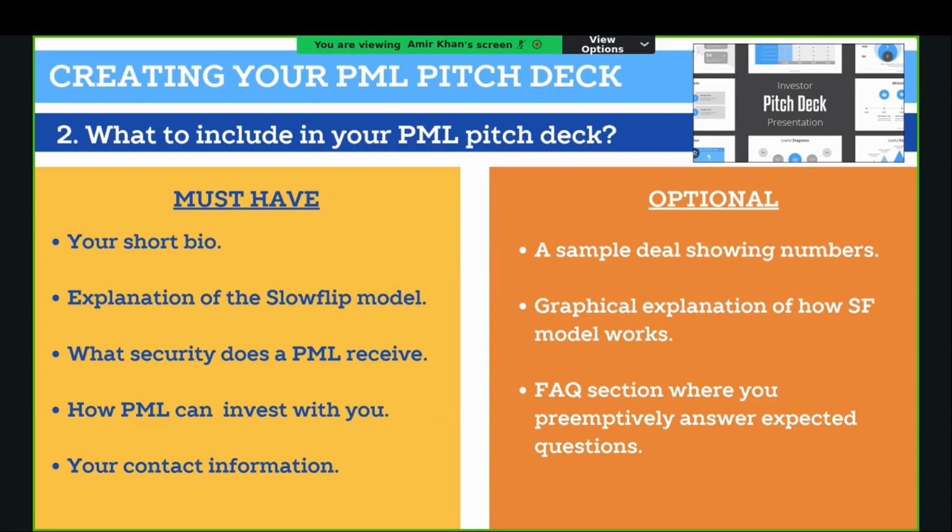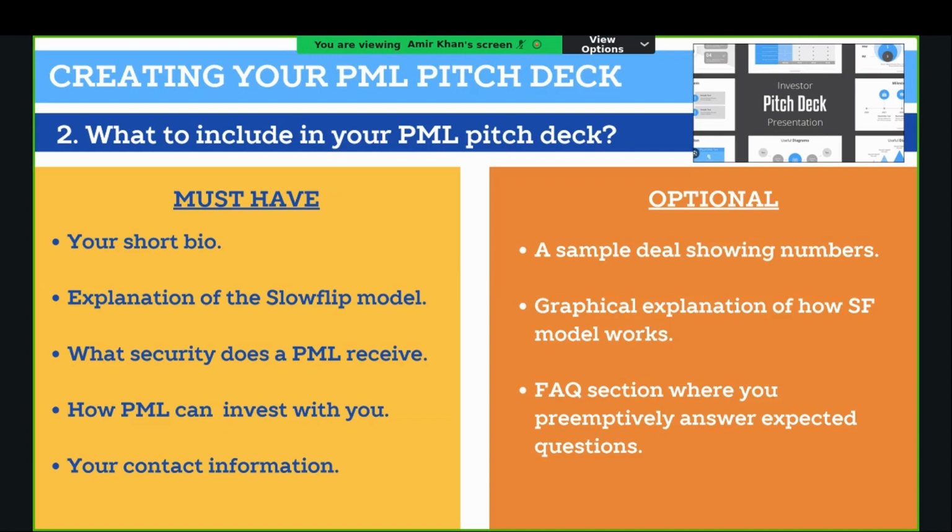A short bio is important. Most of the time when you're talking to someone, if they know you well enough, yes and no, but still you do want a short bio. So it has to have enough information about yourself, especially if it's relevant to real estate investment. If it's not relevant to real estate investment, that's fine.